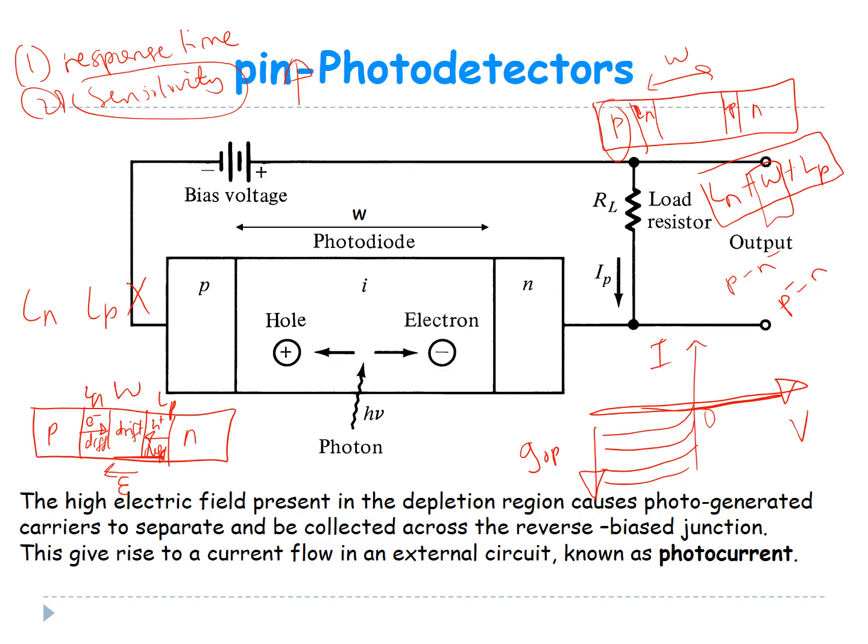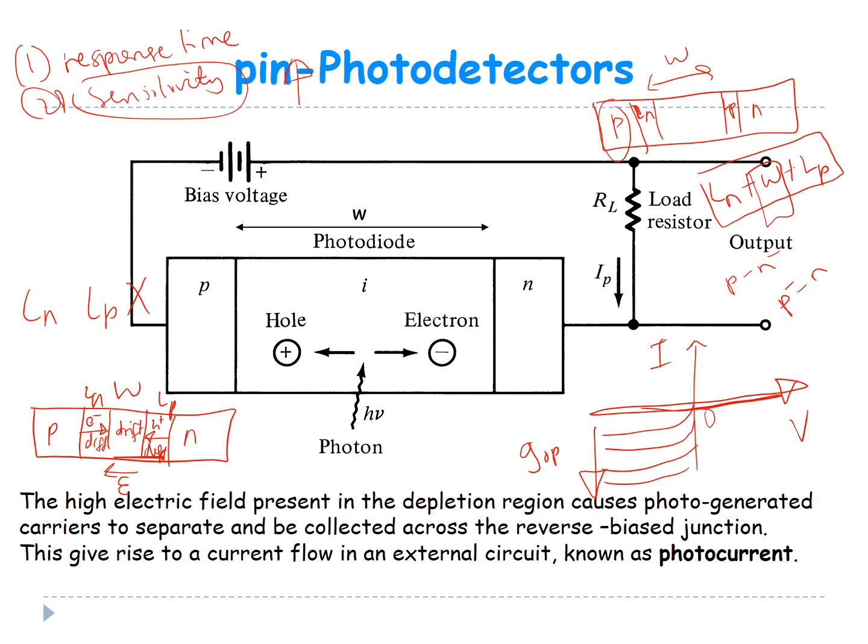You need to generate everything within W for your detector to respond quickly to the presence of the light, because the carriers generated in W are swept by the electric field and the drift current is very fast. It's a very fast process compared to diffusion. So you want all your generation to occur within W.